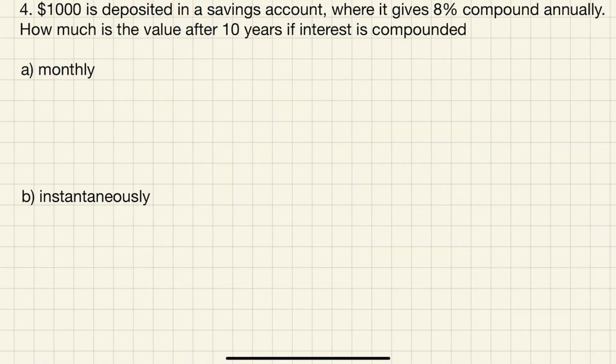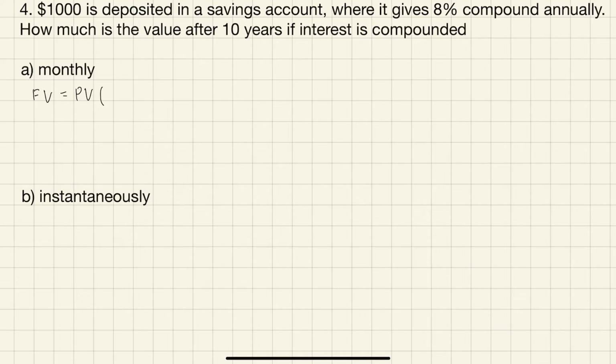Question 4. $1,000 is deposited into a savings account where it gives 8% interest compounded annually. How much is the value after 10 years if the interest is compounded A. monthly or B. instantaneously? For both parts of the question, we'll be using the compound interest equation given to us on page 3 of the formula booklet.